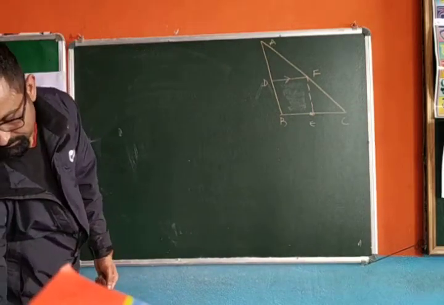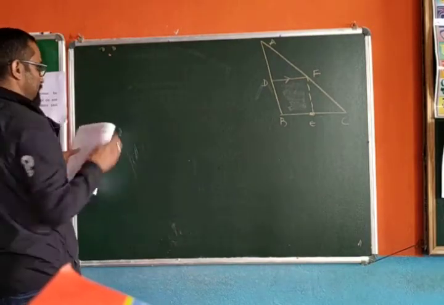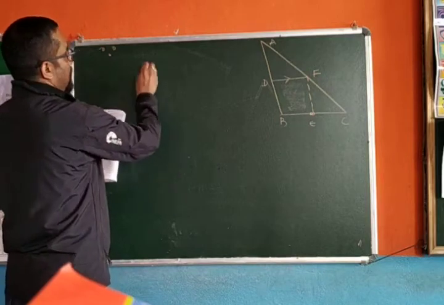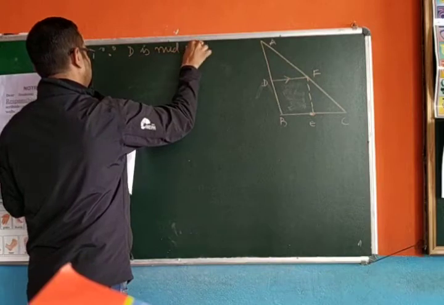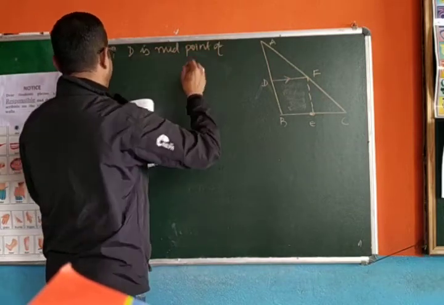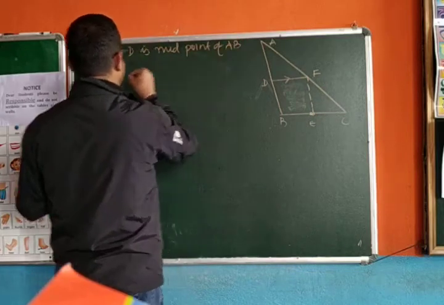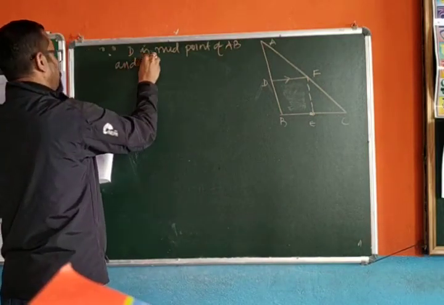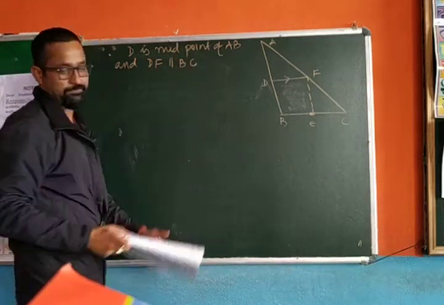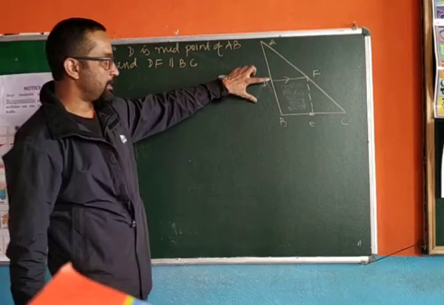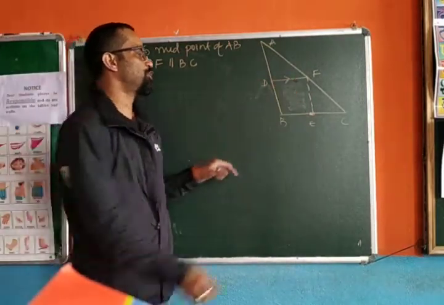Since D is midpoint of AB and DF is parallel to BC. D is midpoint and this line DF is parallel to BC.